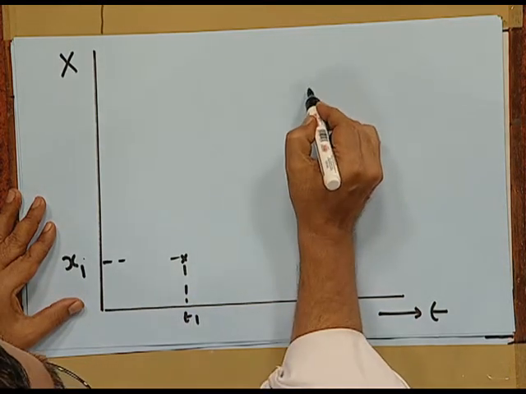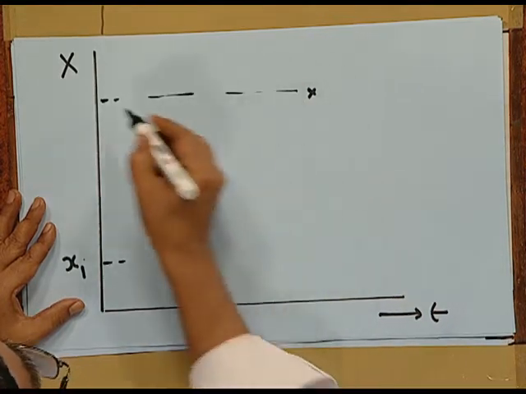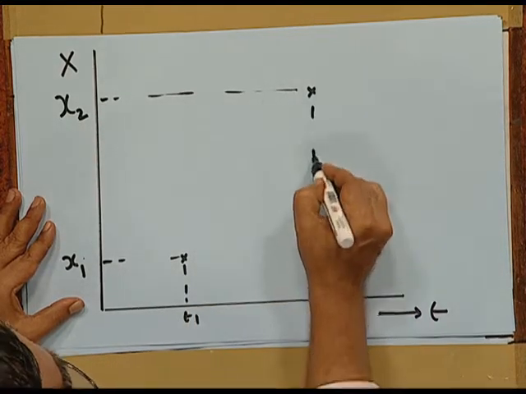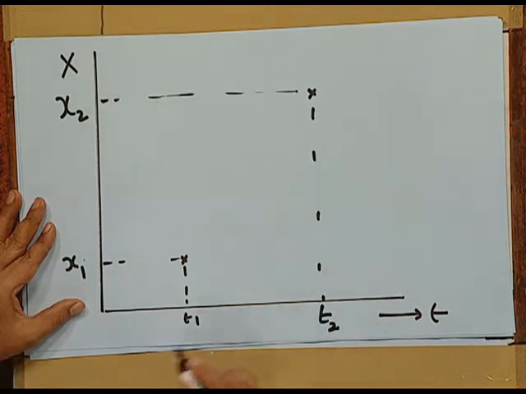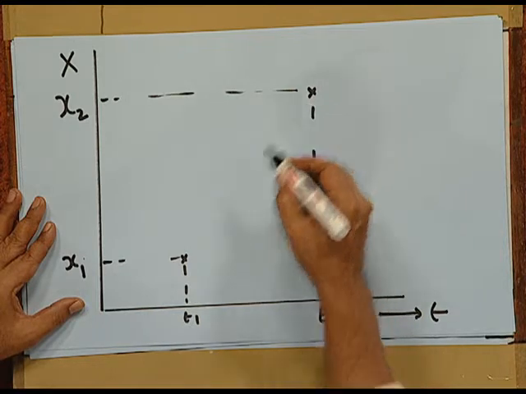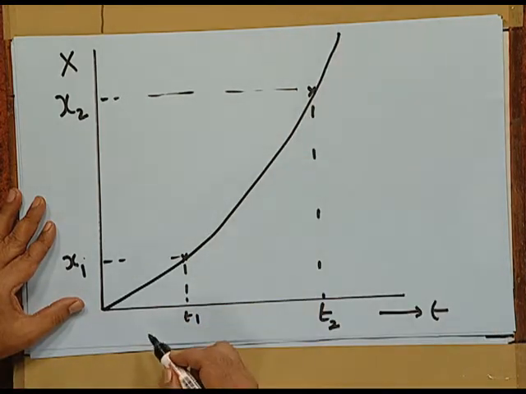Now, point Q has its x coordinate x2 and its time coordinate is t2. Now, the object has moved from point P to point Q.